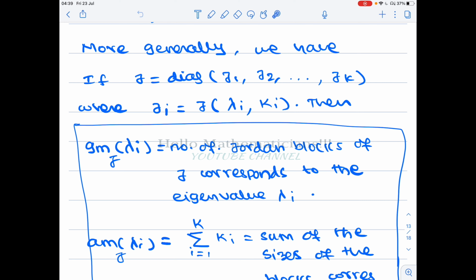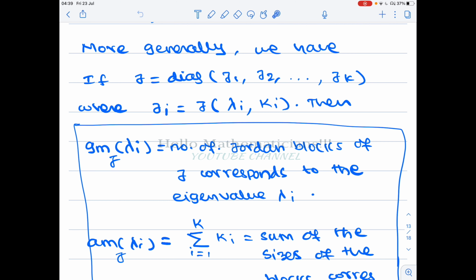Then the geometric multiplicity of lambda 1 will be equal to 2, because there are two Jordan blocks corresponding to the eigenvalue lambda 1. J1 itself, and then J5 is also a Jordan block corresponding to the eigenvalue lambda 1, because lambda 1 and lambda 5 are equal.